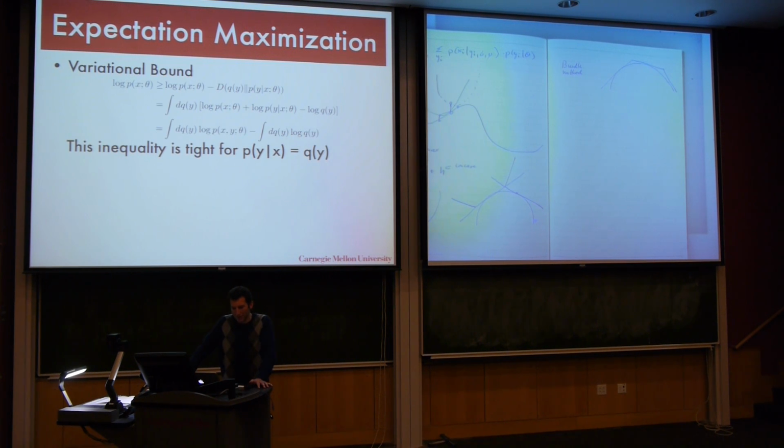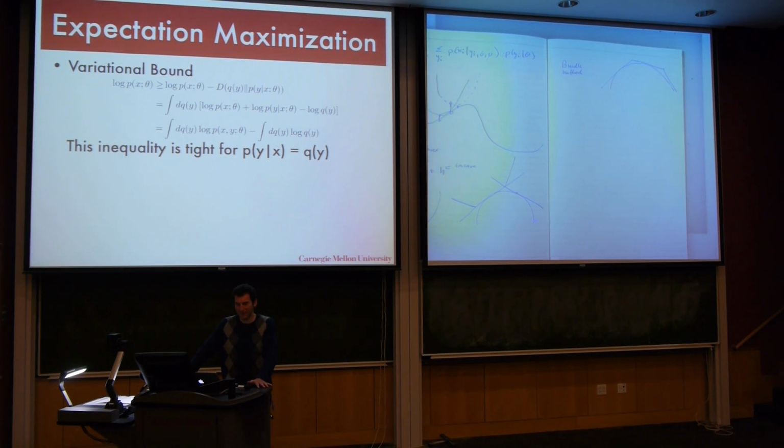So now we have a term that depends on theta, and we have another term that doesn't depend on theta. So now if I want to maximize this, I can go and maximize the first term. And then afterwards, after I'm done maximizing the first term, I can go and find a better Q.